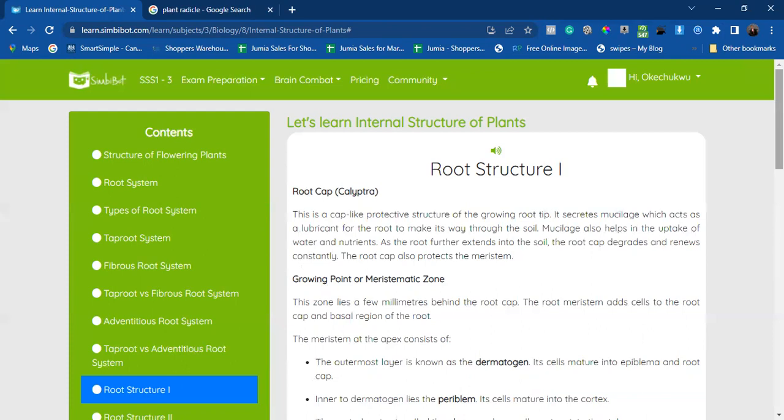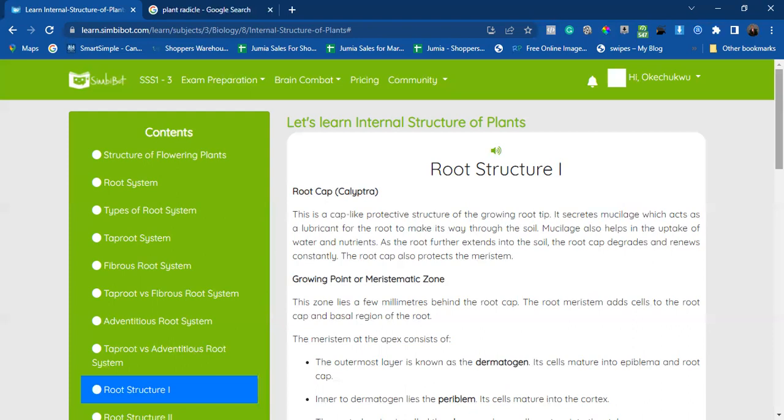First, we have the growing point, the meristematic zone. And we say that there are three. We have the dermatogen, the outer. We have the peribrim.